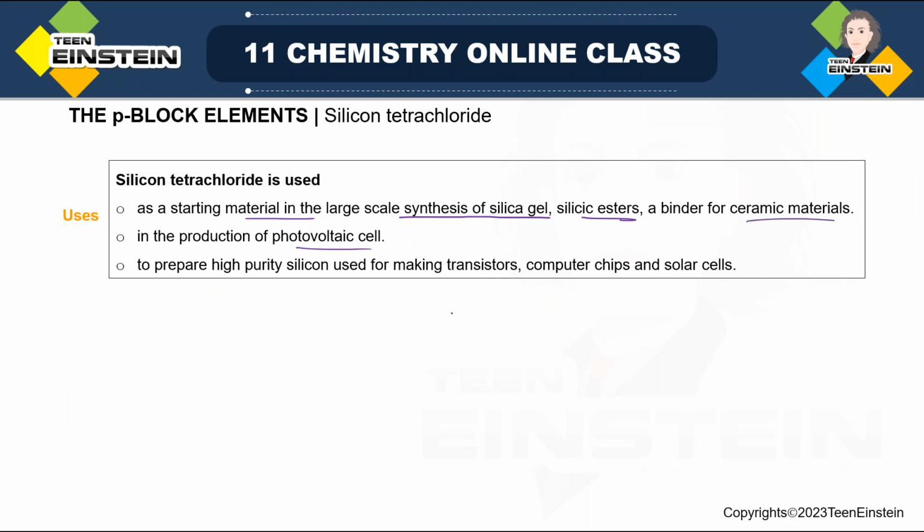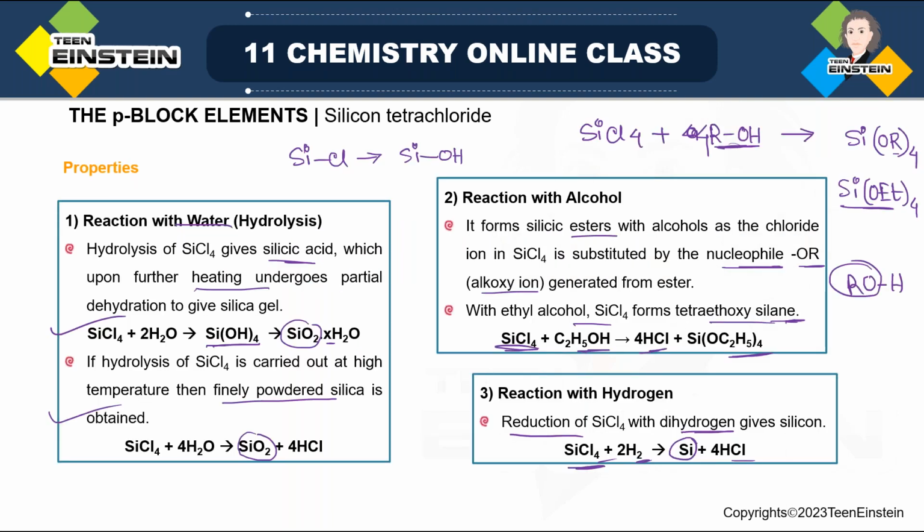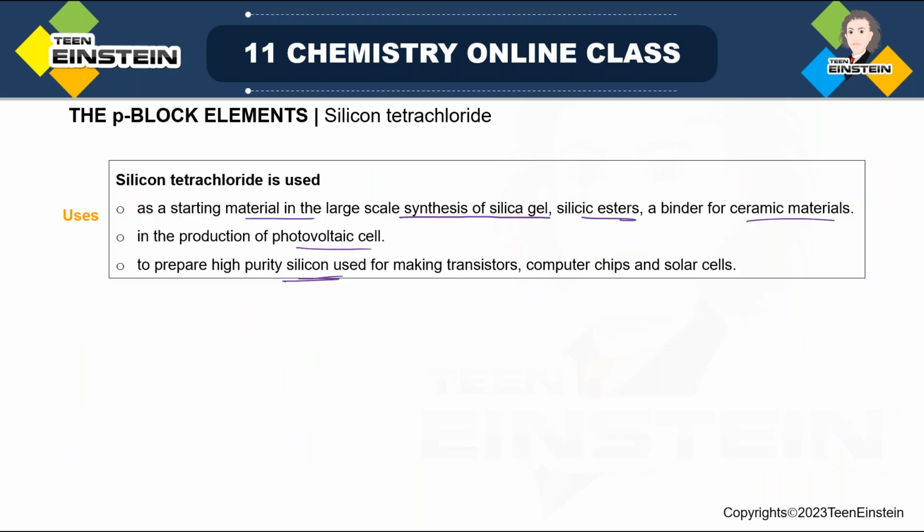Then in the production of photovoltaic cells, to prepare high purity silicon, you can use SiCl4 to make Si itself, the element silicon. Look at the last reaction: reduction of SiCl4 with H2 gas gives Si. So high purity silicon we can get, and silicon itself is very important for making transistors, computer chips and solar cells. So these are the applications of SiCl4.